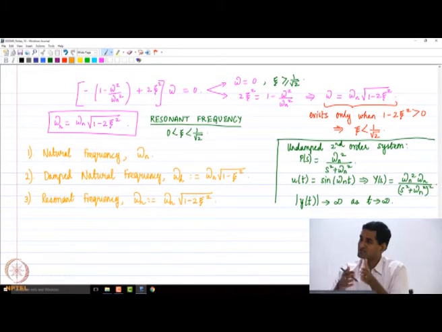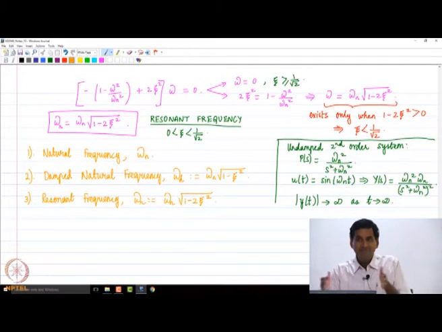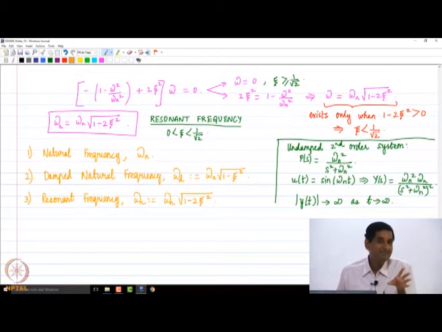So the output is also a sinusoid, but the input amplitude is multiplied by the magnitude of the sinusoidal transfer function. Imagine a frequency at which that magnitude is the maximum. The output amplitude, which is a sine wave, will also be a maximum there. It is still bounded mathematically, but physically it may create issues.